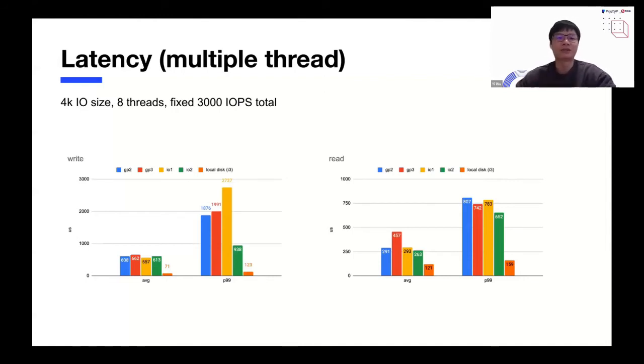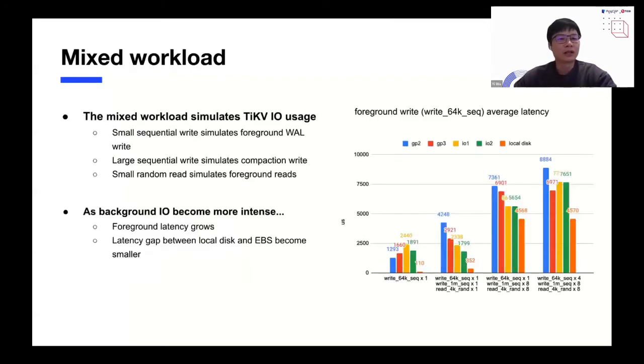There is another set of benchmarks we ran that shows a slightly different story. We constructed the FIO test so that it simulates a mixed workload like what TiKV does. It has several threads doing small writes and several threads doing small reads, and some threads doing large writes to simulate compaction.